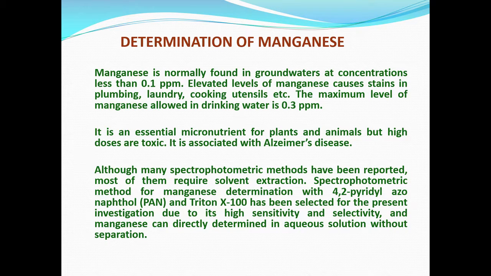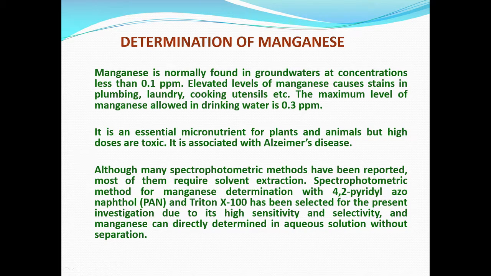That is one of the aims of this teaching program, where we want to avoid extraction, at the same time permit you to determine the substances at the ppm level or within the limits specified by the pollution control board. So, for the spectrophotometric determination of manganese, we are proposing the 4-(2-pyridylazo)naphthol and Triton reagent.